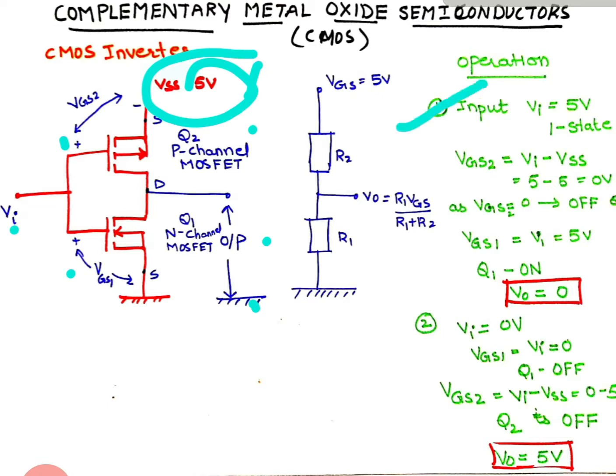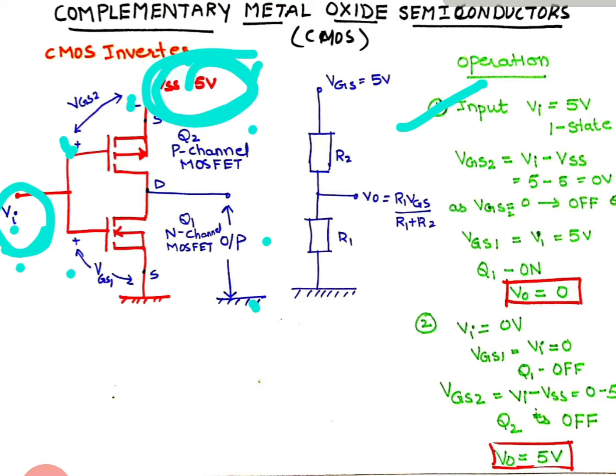Now let us take that the input is 5 volts, that is nothing but logic 1. Let us see VGS2, the voltage between the gate and the source of transistor Q2. VGS2 is nothing but the voltage difference between VI and VSS, 5 volts.